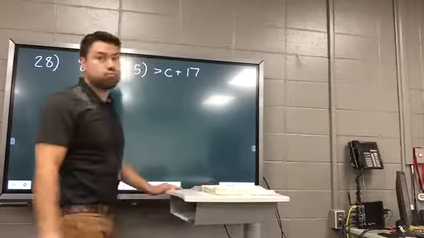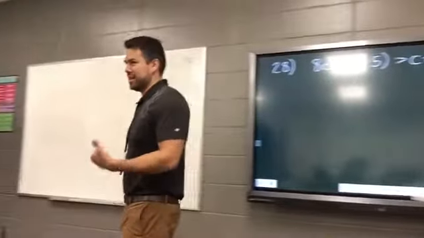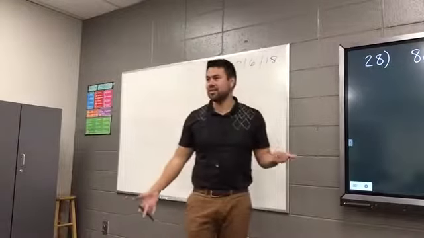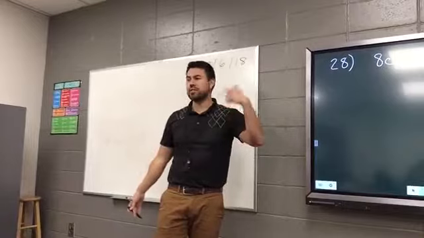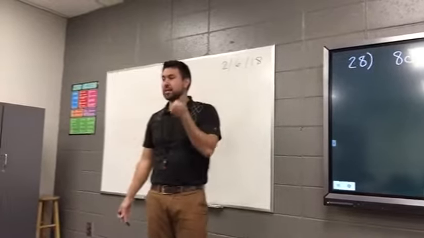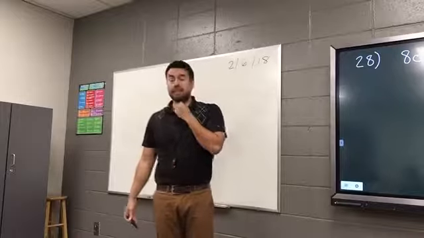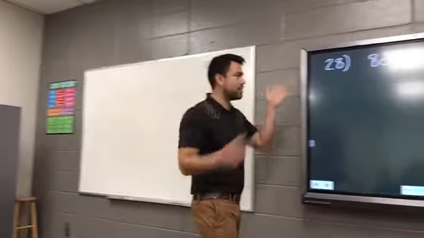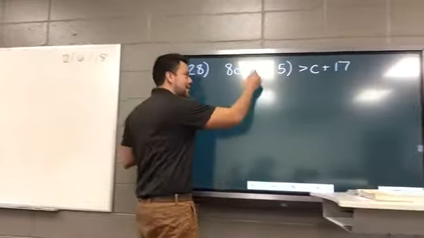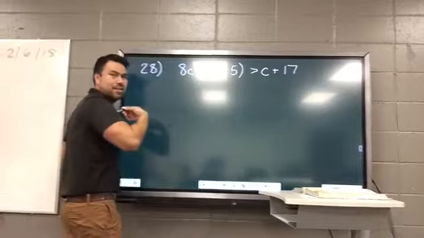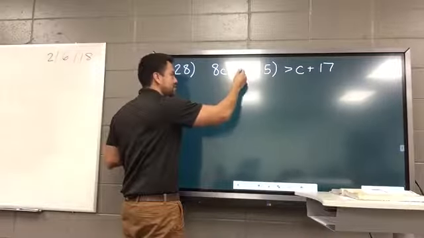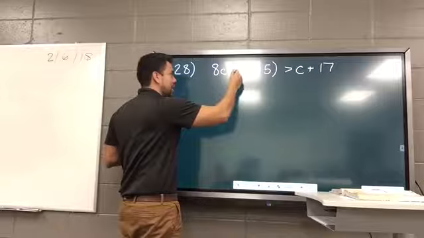Step 1. What do you do? I'm just walking it through to help those who are maybe stuck. Yeah, eliminate the parentheses, but how do you eliminate them? Do you just cross them out? What number's in front of this parenthesis? -1.